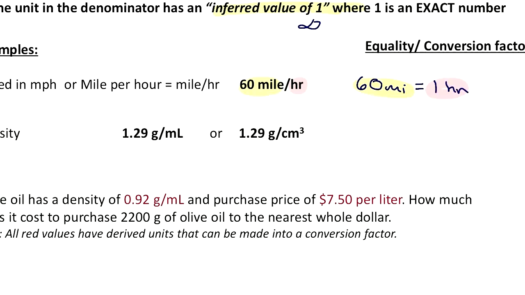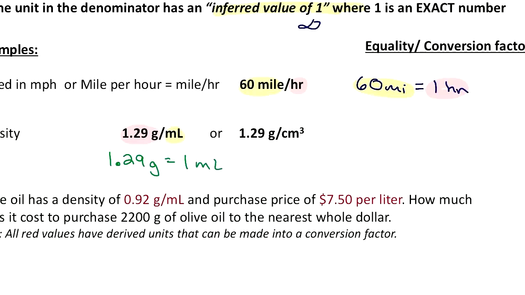Here's another example that's not as relatable: density. We can write that the density of something is 1.29 grams per milliliter, but we can use the same analysis there, where the top unit and value, so 1.29 grams, equals the bottom unit with an inferred 1. So I'm going to take that milliliter and put it right here, 1 milliliter.